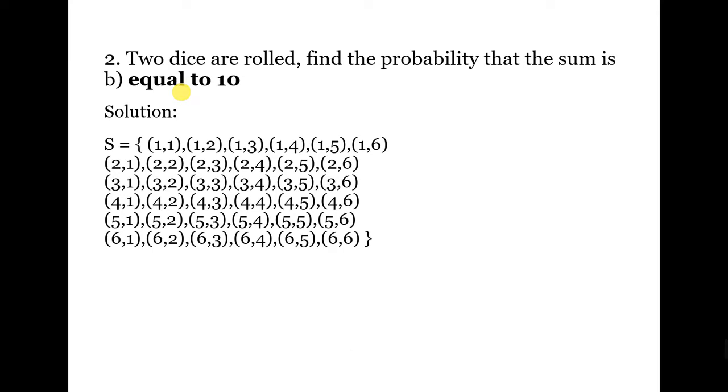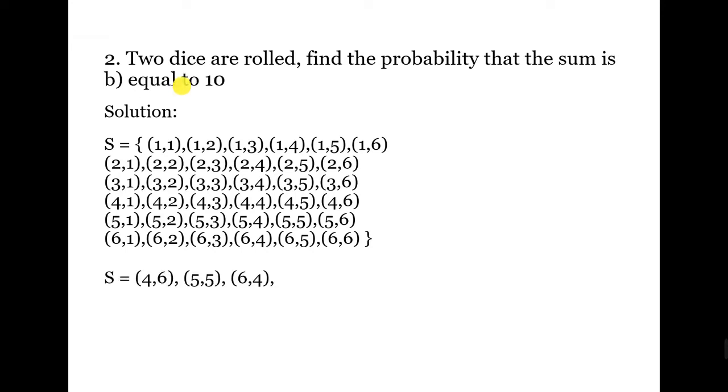Then how about the probability that the sum is equal to 10? Now we will do the same procedure as the sum equal to 2, but here we're looking for the sum of 10 among the sample space.